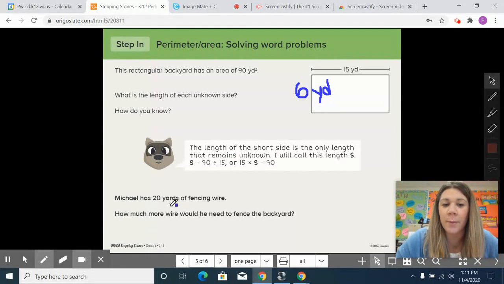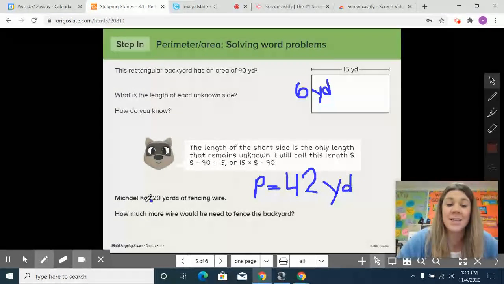So use what you know about perimeter to calculate the perimeter. All right. So the perimeter would be 15 times 2, which is 30, and 6 times 2, which is 12. So the perimeter is 30 plus 12, which is 42 yards.